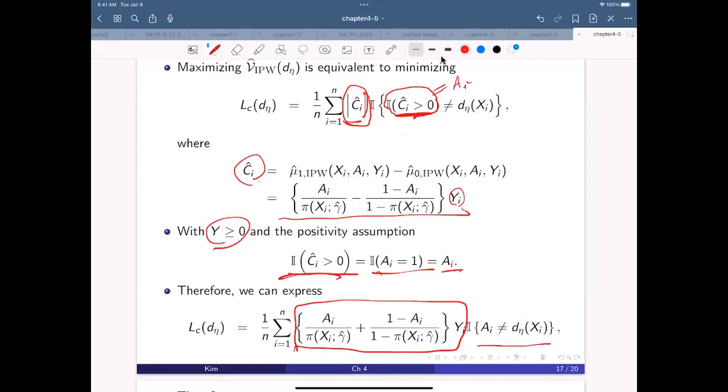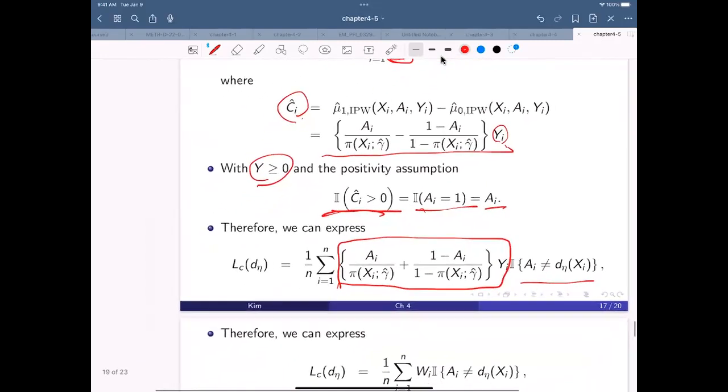So in this method, the optimal one is not the indicator of C_i not equal 0. I see. So in the previous one, the optimal one is the indicator of C_i not equal 0, right? Well, I think so.